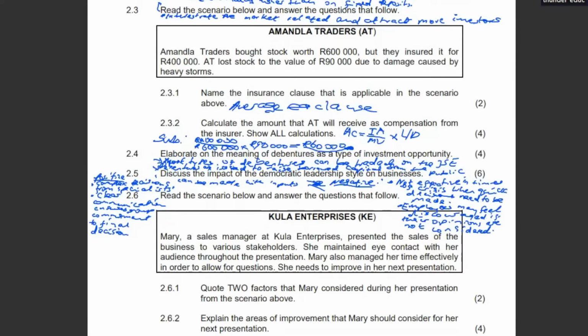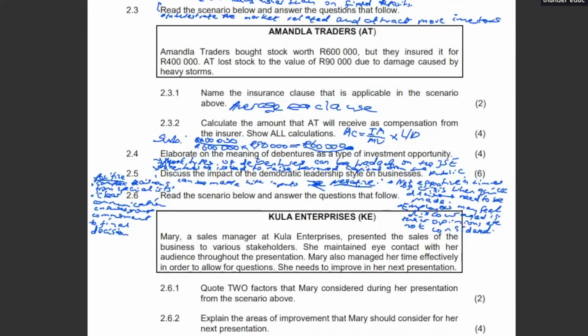Okay, right, great job. So now let's move on to 2.6. 2.6 reads as follows. Read the scenario below and answer the questions that follow. Kula Enterprises, KE. Mary, a sales manager at Kula Enterprises, presented the sales of the business to various stakeholders.